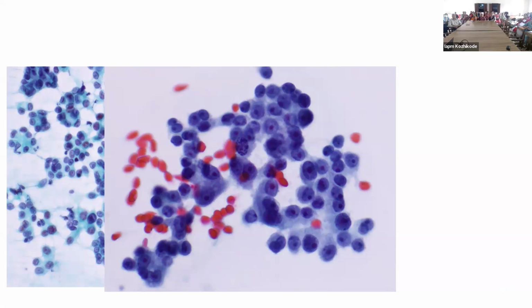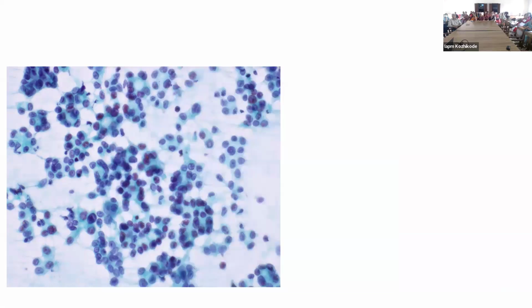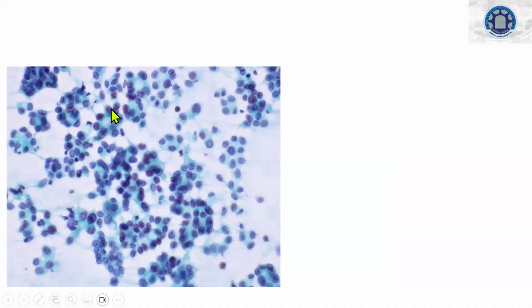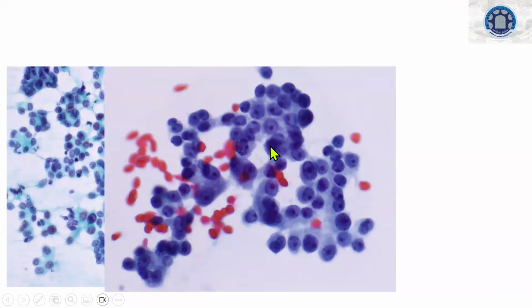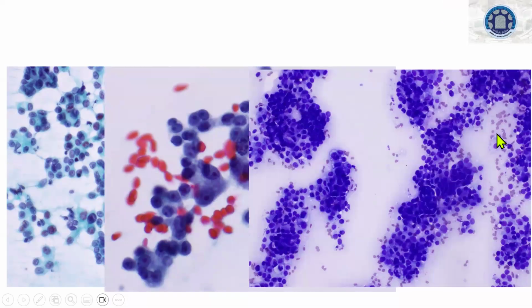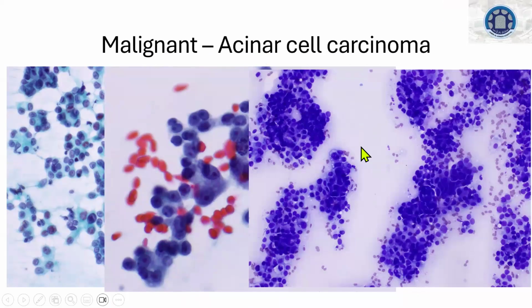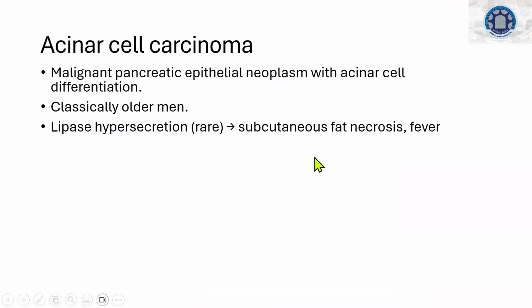Prominent nuclei and acinar pattern. Very good. See, this is acinar pattern, and you are seeing prominent nucleoli. If you get it, well and good, but in many cases it may not show; if it is there, it's a very good indicator. And these are all acini, but very hypercellular, and there is nuclear atypia. So it's acinar cell carcinoma.